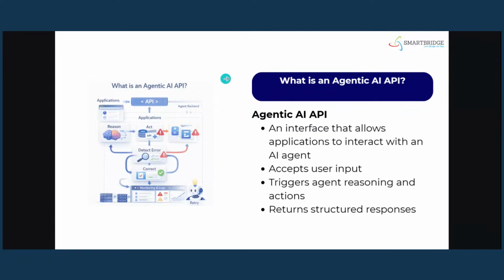So let's talk about what is an agentic AI API. If you are aware of API, please let me know in the Q&A. Do you know about API?